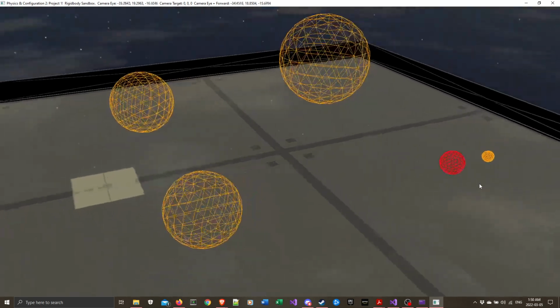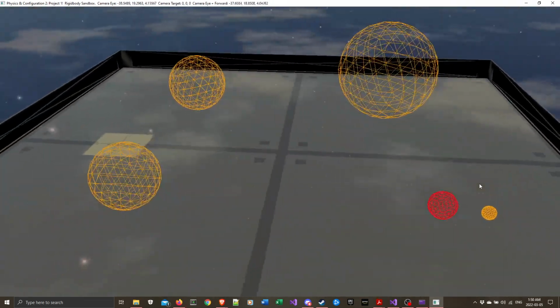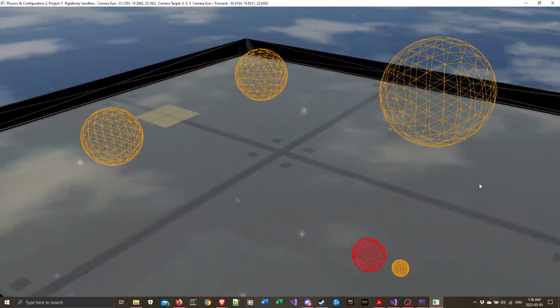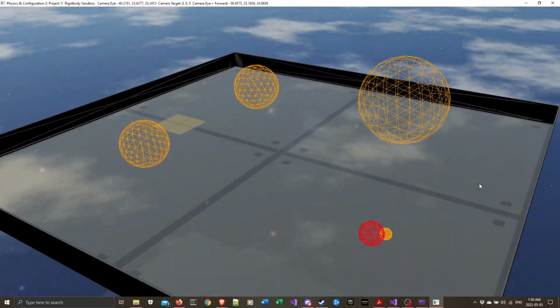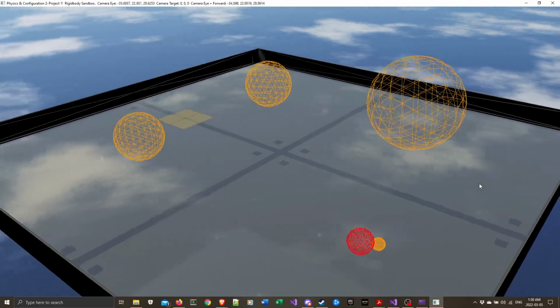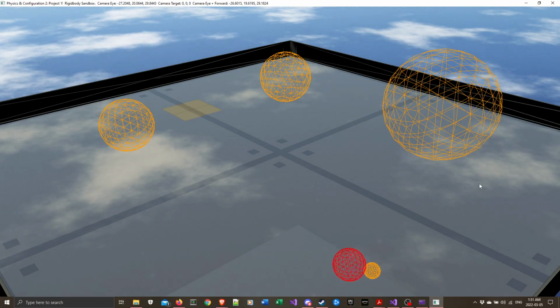And after I hit the little one, it reconnected the sphere to the plane. If I just kind of push the little one, you can see that the little one is spinning. So the impulse on collision is working.